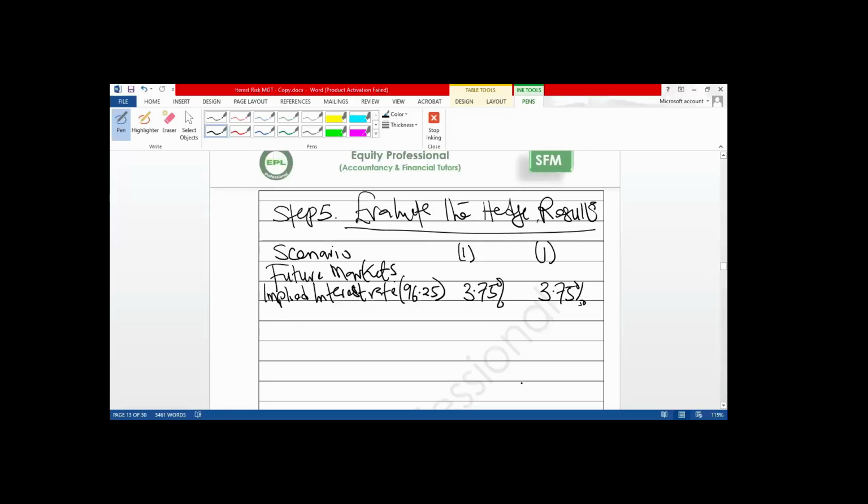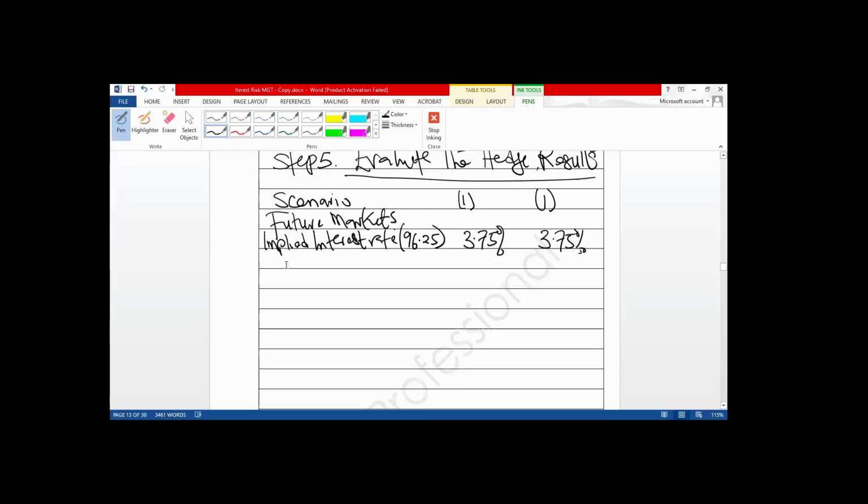For the first scenario, the futures price happens to be 95.31.